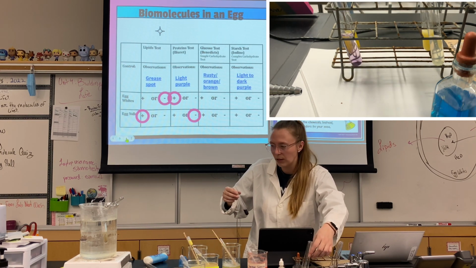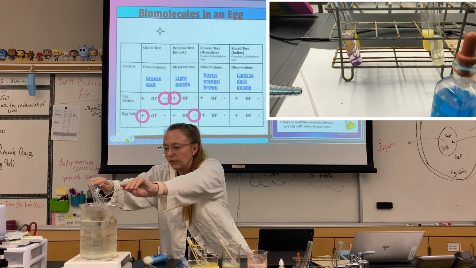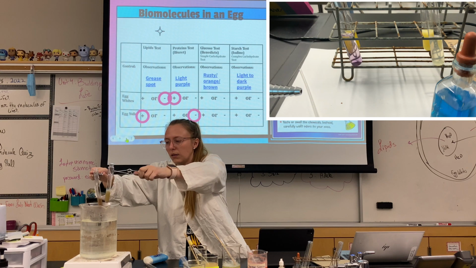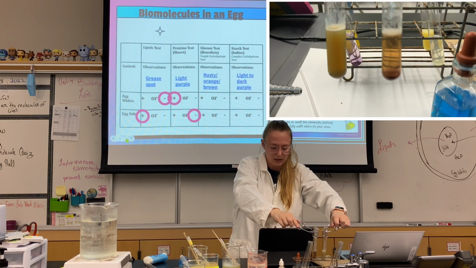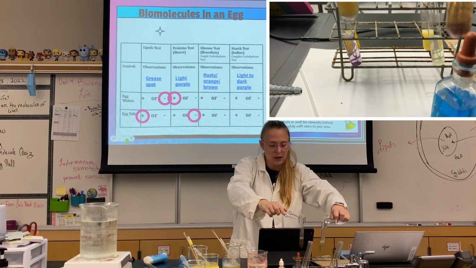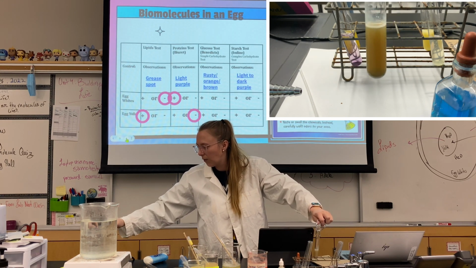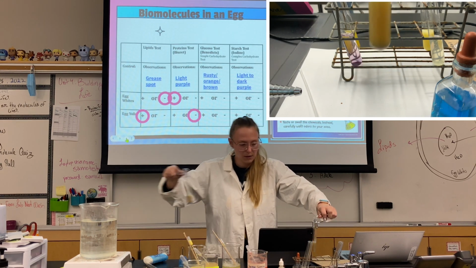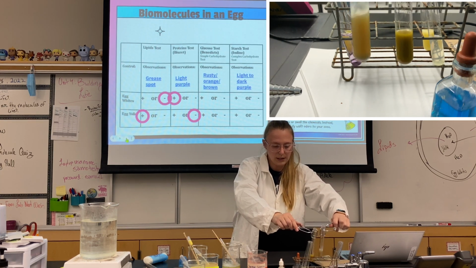Before I go over the results, let's take a look at our hot water baths and see how they're doing. This one's kind of clear. It didn't really turn the color I was looking for, but this one definitely did. Remember, the color we were looking for was about this color, and this turned this color.